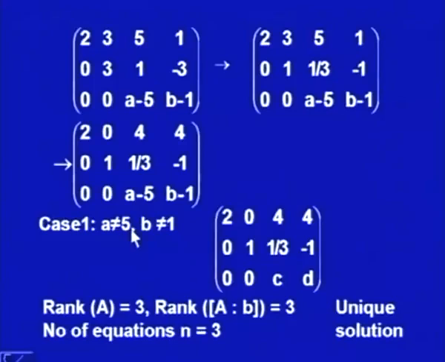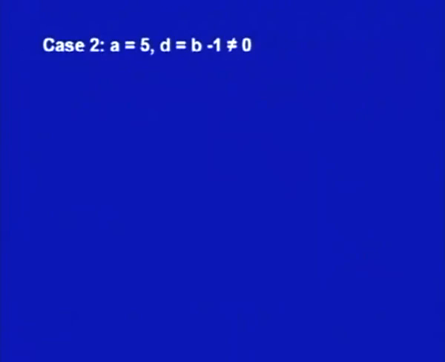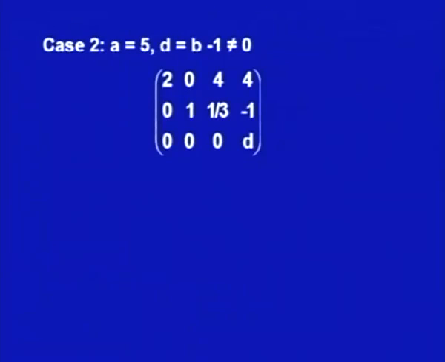But if a is equal to 5 and b is not equal to 1, in the second case we say that a is equal to 5 and D, that is b minus 1, is not 0. In that case the augmented matrix will become as this, and you may notice that the last line has zeros here and D here.